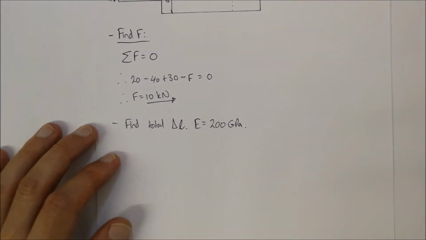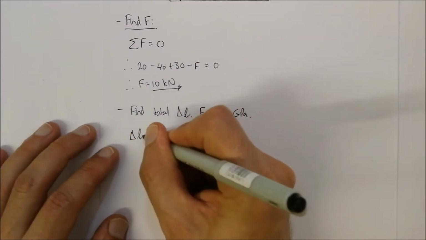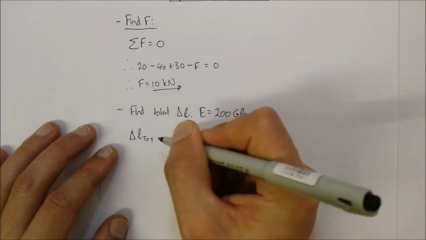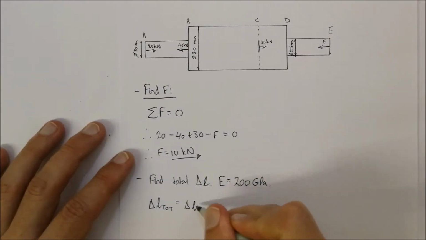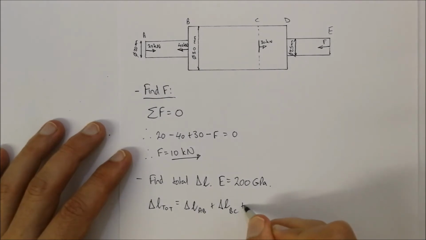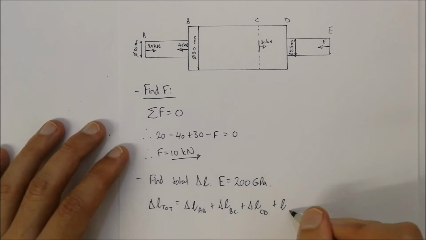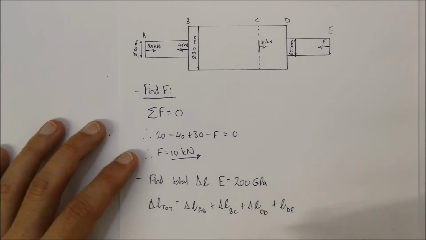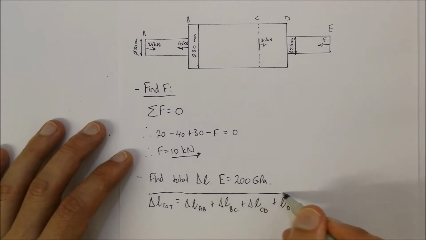Now to do this, remember that the total change in length is going to be equal to the change in length of AB plus the change in length of BC plus the change in length of CD plus the change in length of DE. So this is the one equation that we will be considering.